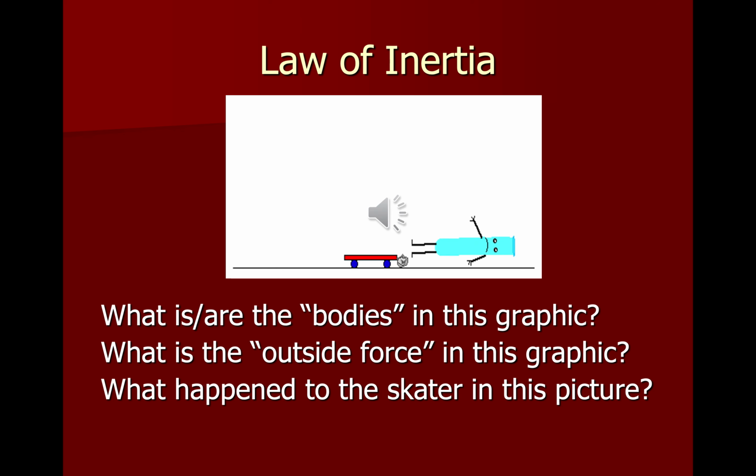But like I said earlier, there are other forces, namely gravity, which is the reason why he doesn't continue moving forward forever. He eventually falls. So that's another outside force. As his inertia continues to propel him forward, the force of gravity pulls him downwards, and that's what causes the fall.